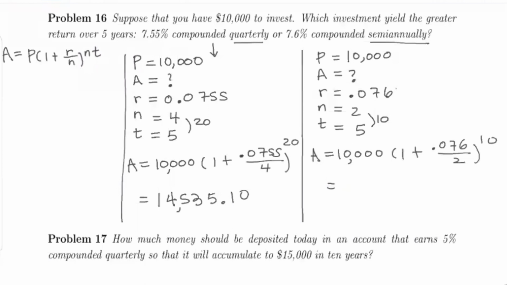Michael, do you have a number for that? Where did the 2 come from? It's because semi-annually you are paid twice a year. Michael, you're on mute. Connor, do you have a number?